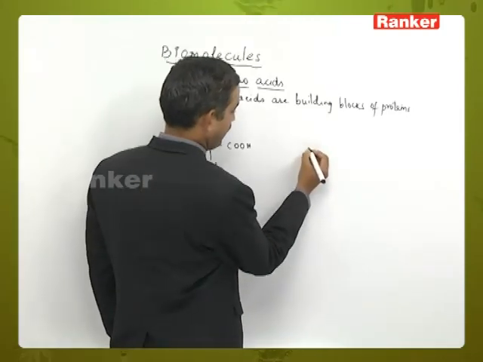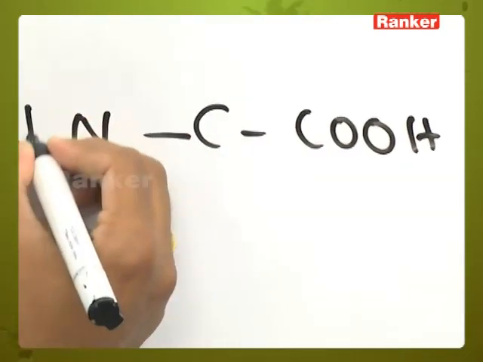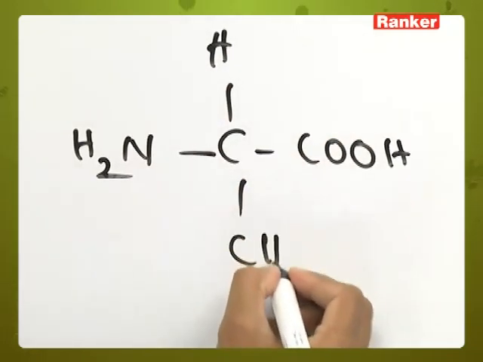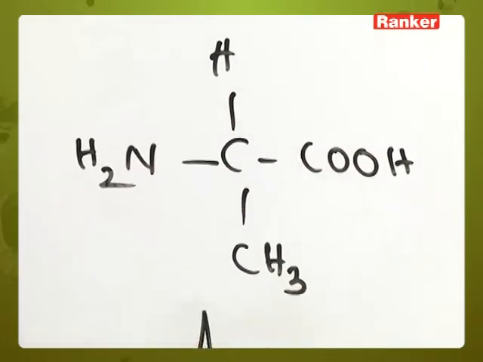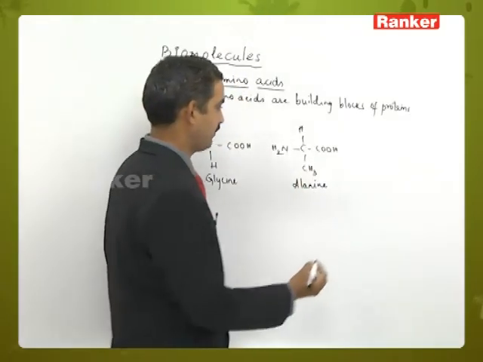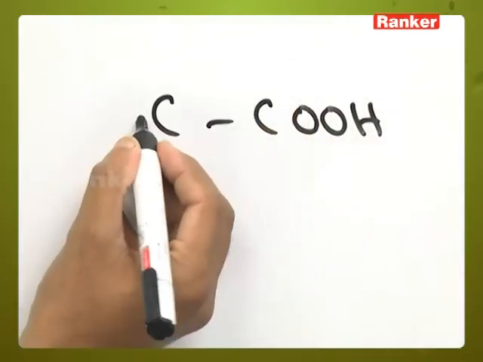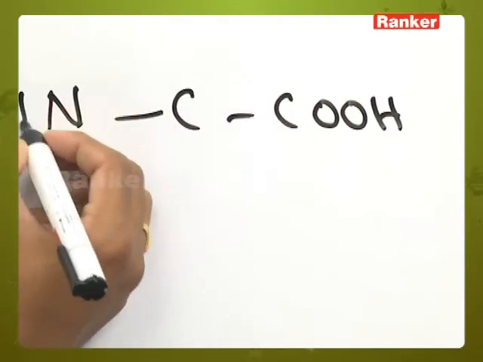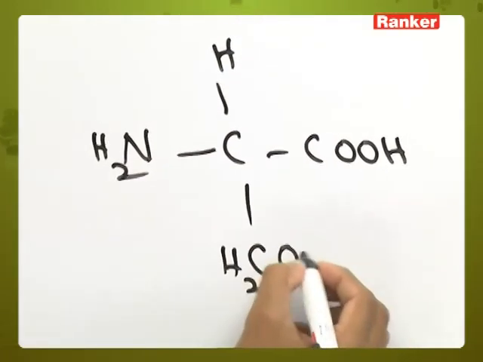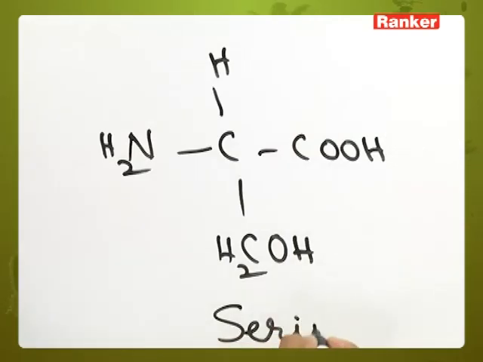One more example: if the alkyl group is represented with a methyl group, it is called alanine. In the same way, if the alkyl group is replaced with a hydroxymethyl group, CH2OH, it is called serine.